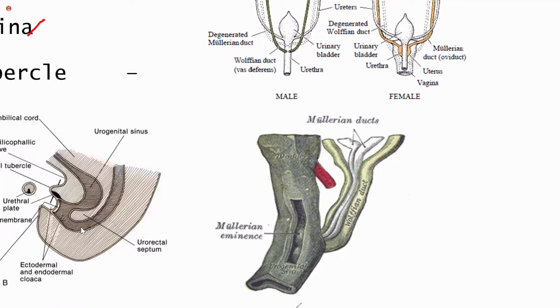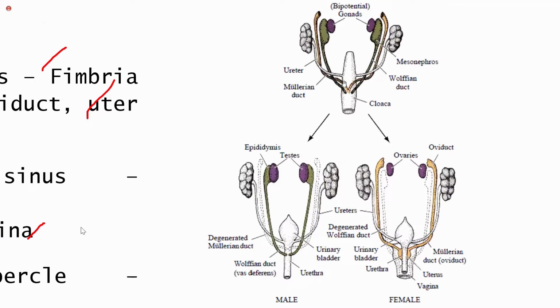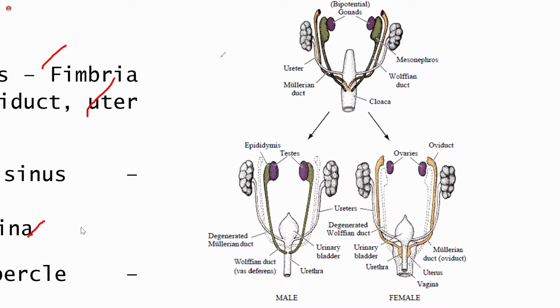So let's take a look at the upper image. Say we have here the bipotential gonad. When we say bipotential gonad, it can become male or female because of the presence of both the Wolffian duct and the Mullerian duct. Look at this one, the orange one that I will mark in red. This is the Mullerian duct. Okay?